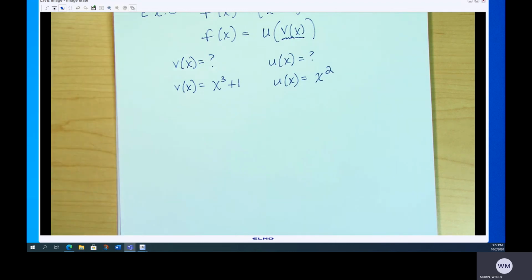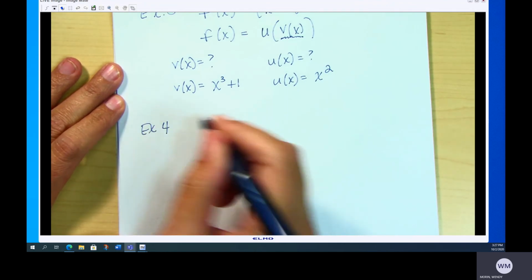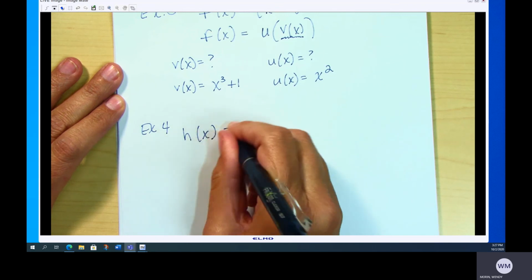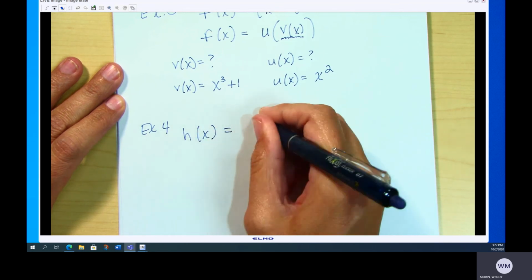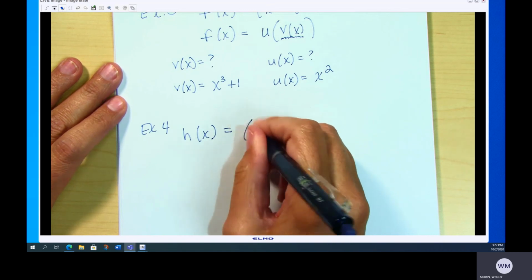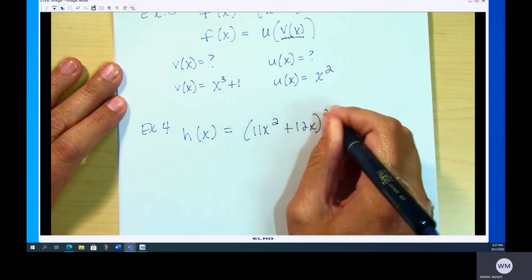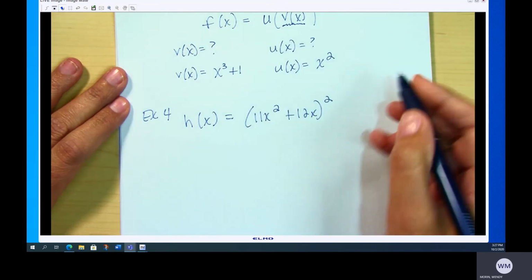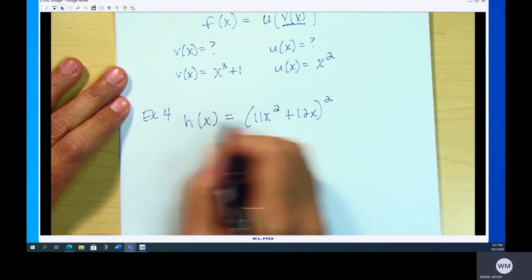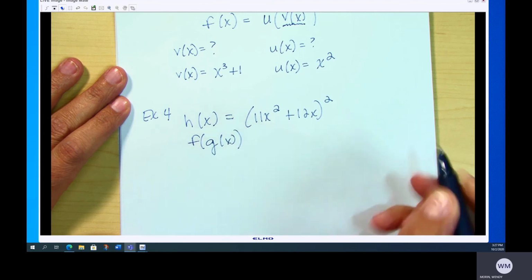So I think we need to try a couple more. Okay, example number 4. Let's say h of x is equal to 11x squared plus 12x, the quantity squared. And let me tell you that that composition came about by composing f of g of x.